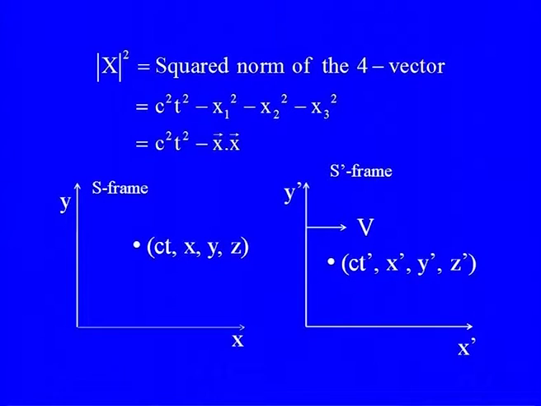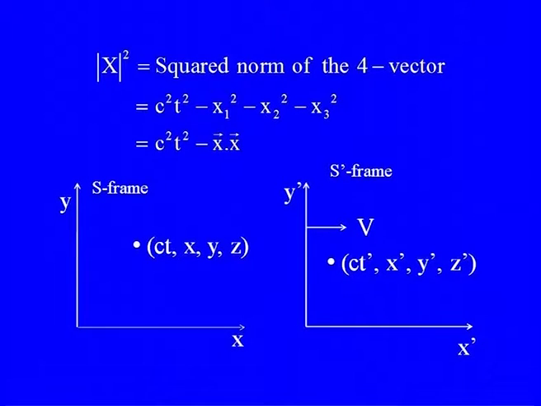Now, it's also interesting that when I take the squared norm, the four dot product of x with itself, I get c squared t squared minus x dot x, like the four dot product we had done earlier for the momentum. And how do the components change when we go from one system to another?